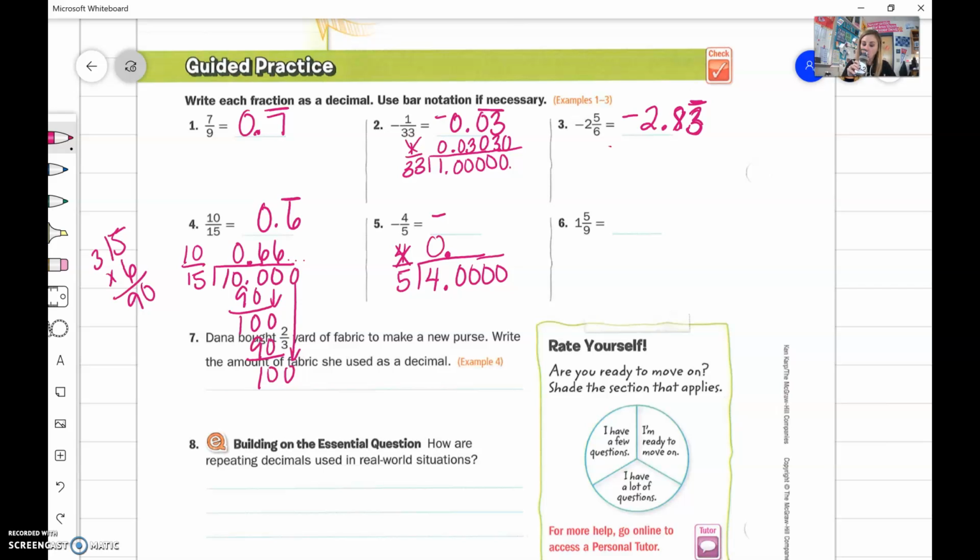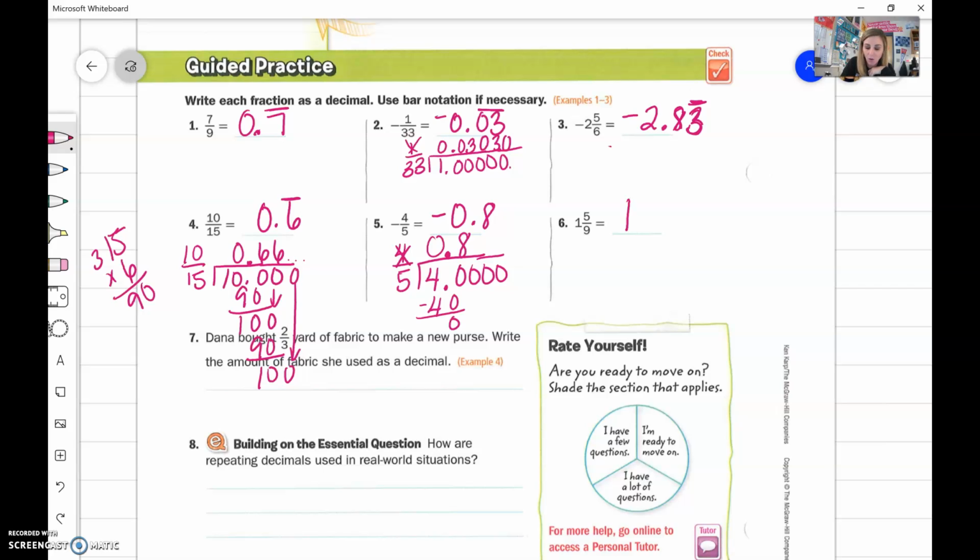Nope. If I have 40, can I make a group of 5? Yep, I can make 8 groups of 5. When I subtract, I get 0. Am I done? Yes. So this is a terminating decimal, meaning that I do not have to have a bar notation over it. So it is negative 0.8 or negative 8/10.